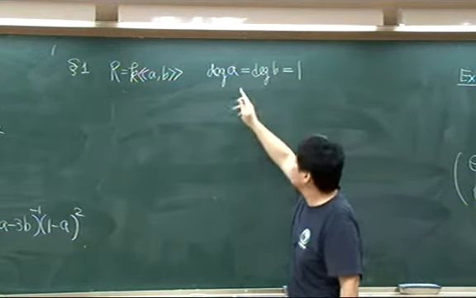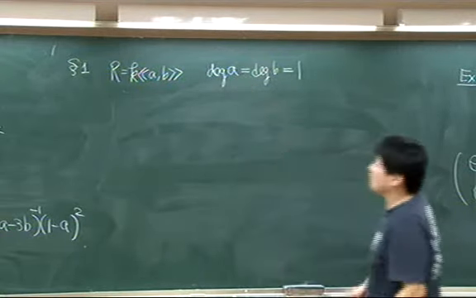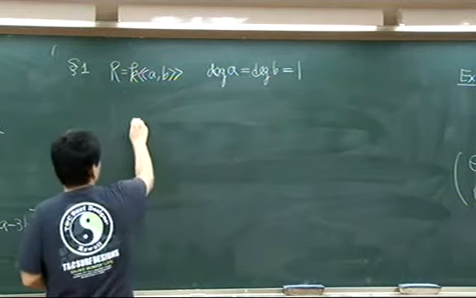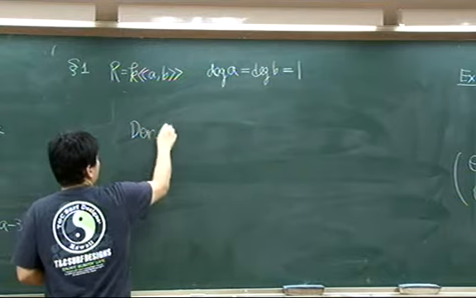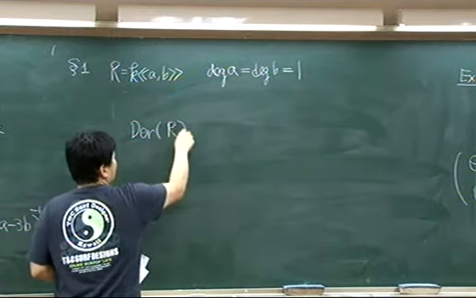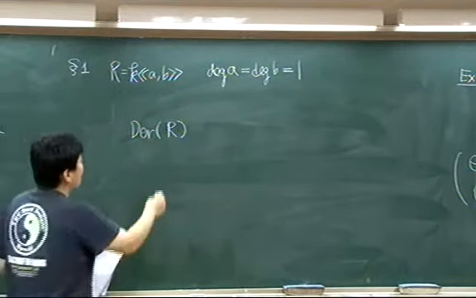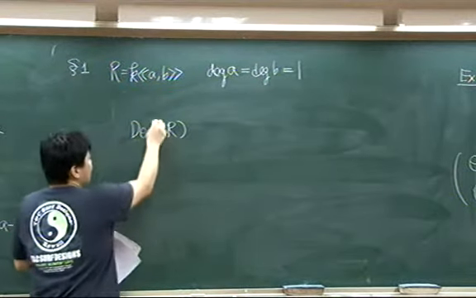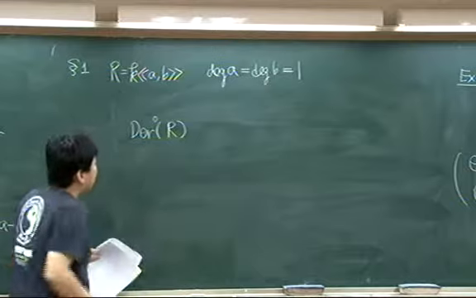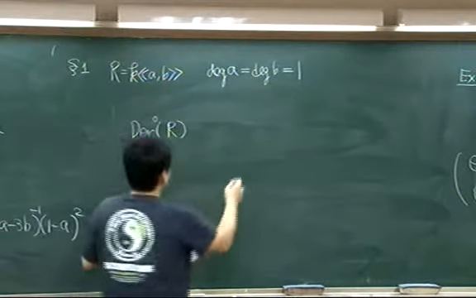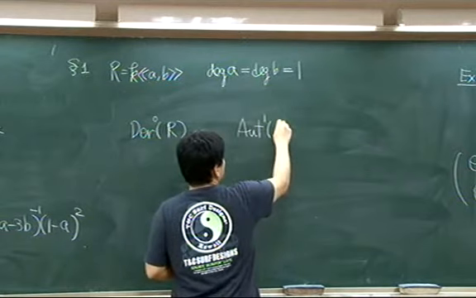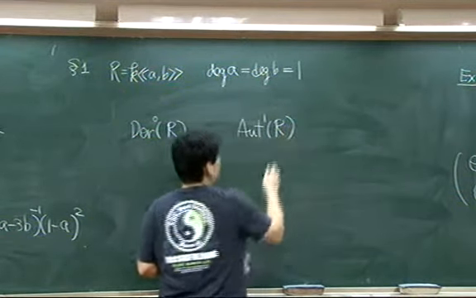So this is the standard grading. Then we have a one-to-one correspondence between some subclass of derivations and some subclass of automorphisms of R.